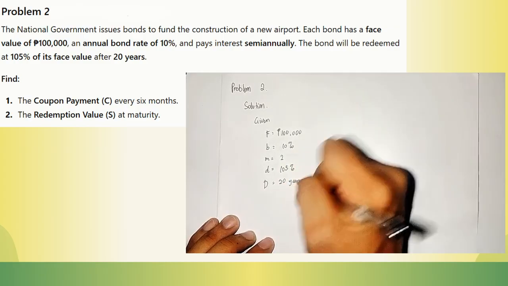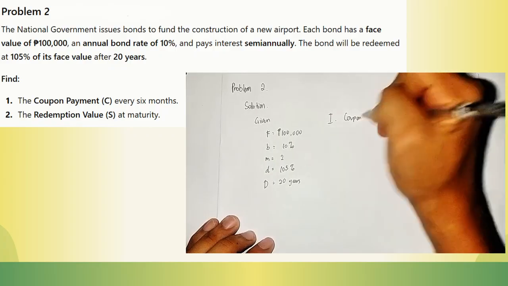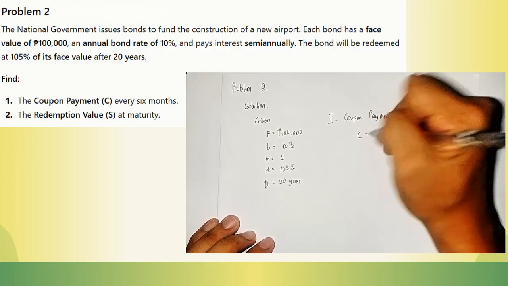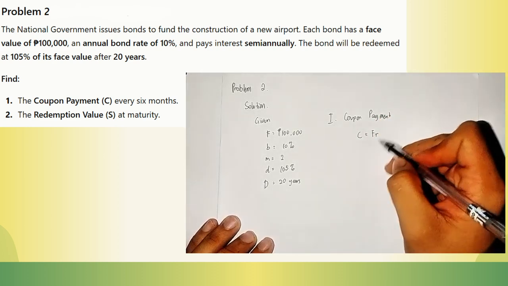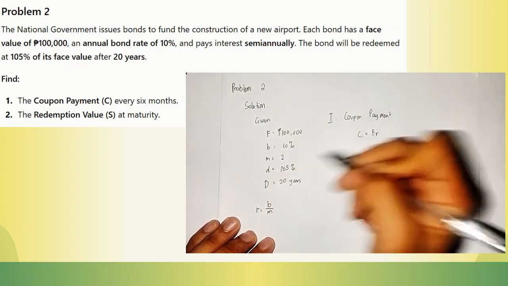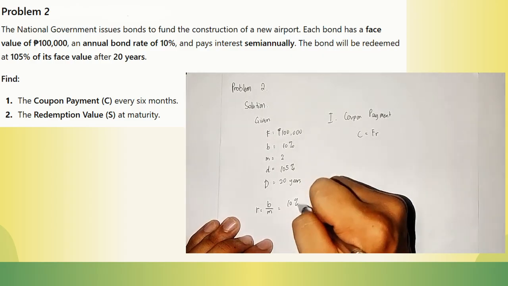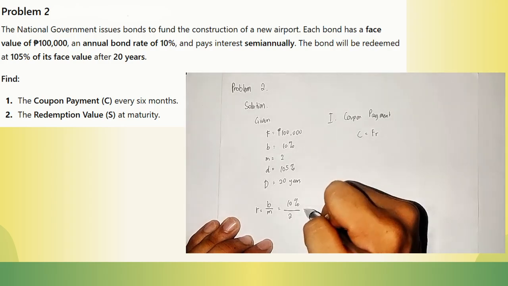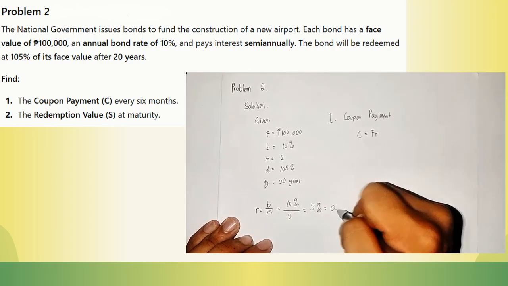Now we're asked again to find the coupon payment or the C, where the formula of C is F times R. Now first, let's find the value of R. R is equals to B over M, where B is 10% over M is semi-annually, so 2. 10% over 2 is 5%, or basically 0.05.